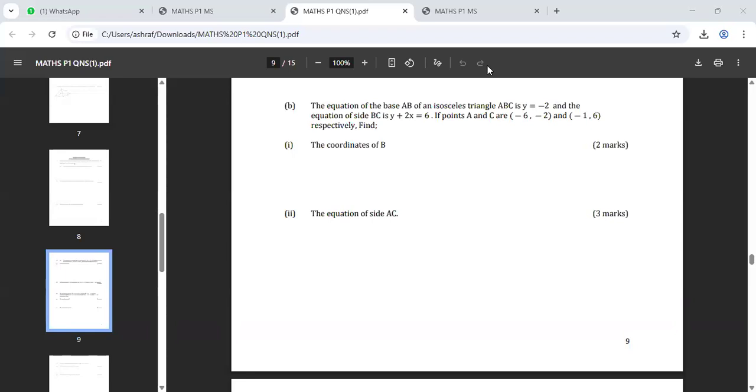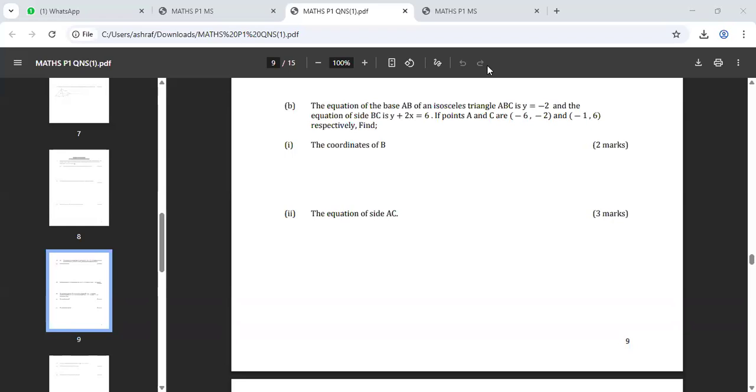Someone is saying that the gradient is 8 over 7, not 8 over 5. Okay, let me look at the equation. So the gradient is what? Change in y over change in x. Our points are -6, -2 and -1, 6.